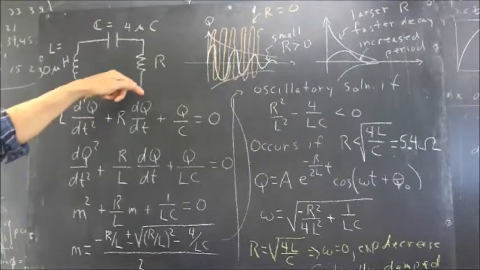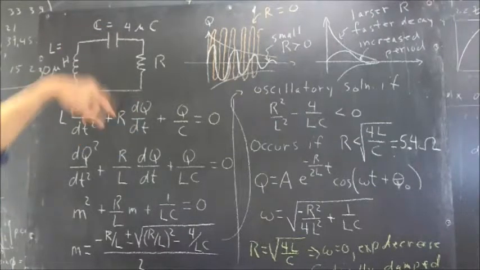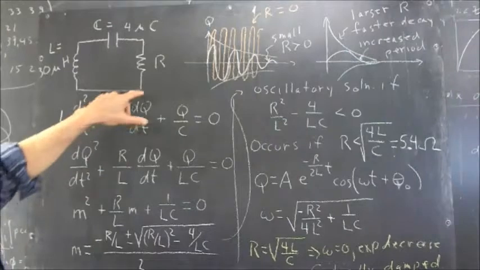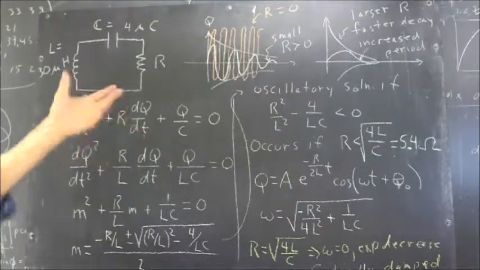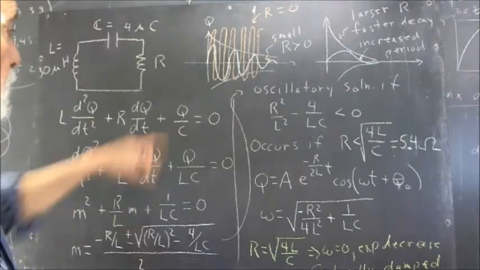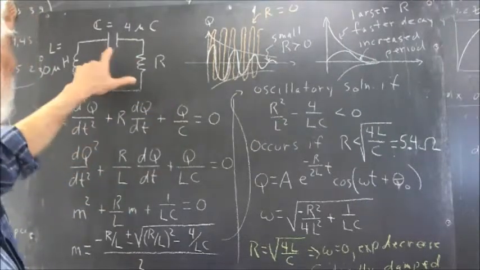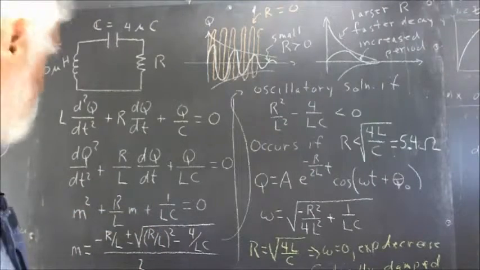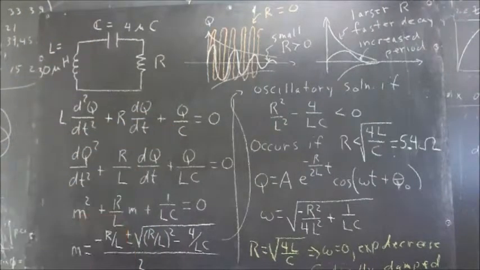The current is the rate at which charge is being transferred on the capacitor. So that's R times dQ/dt, R times I, the voltage drop across the resistor, and the voltage drop across the capacitor is Q over C. Okay, and I used a fancy C here. I didn't use a fancy C here.